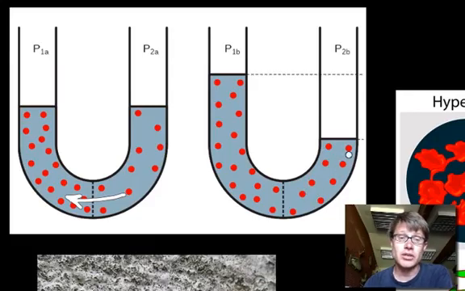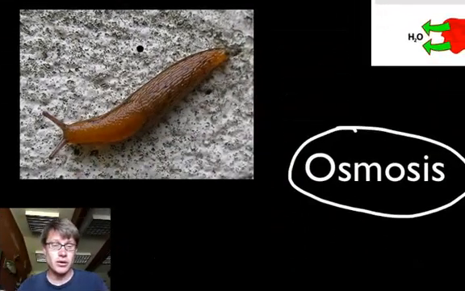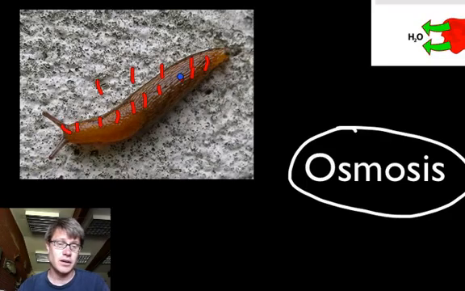In other words, the ratio of water to the sugar molecules is exactly the same. And that's why when you throw salt on a slug, the slug is going to shrivel up. And the reason why is that the water is going to move from an area of high water concentration inside the slug to low water concentration on that salty area on its surface.